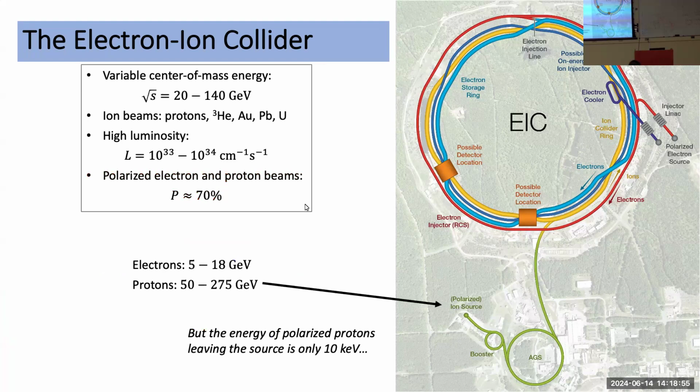Now, you want 275 GeV protons, but at the polarized source, the energy of the protons is just 10 keV. How do you make them in the first place, and how do you get them up to flat top so that you can actually use them for your experiment?